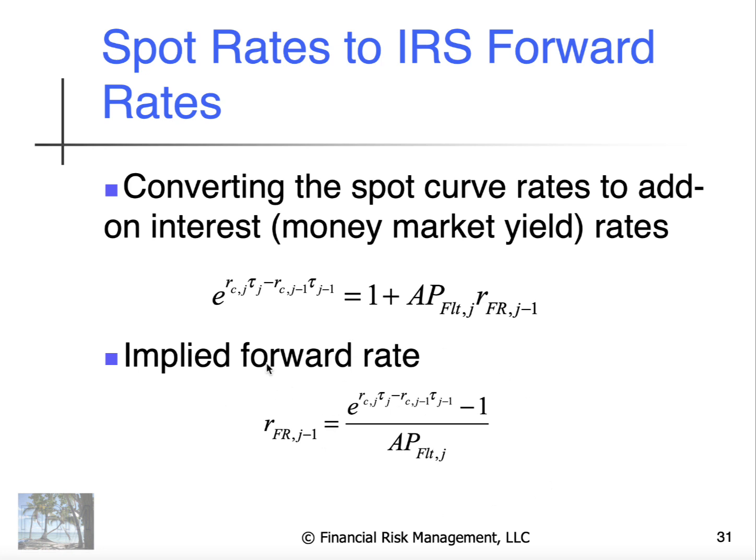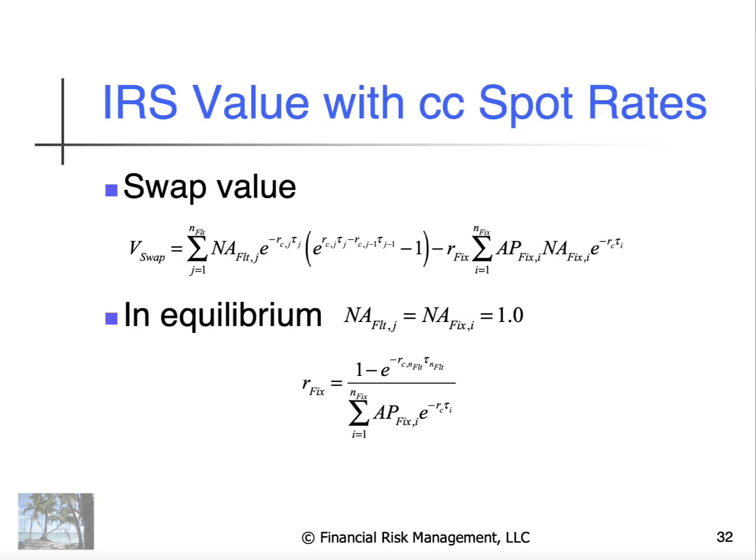So if we build out a continuously compounded spot curve, we can derive the forward rates that we need to input within the interest rate swap model. Interest rate swap values with continuously compounded spot rates: again, we could write down the swap value in this form. You can check out the particular details in the text to make sure you understand the math.